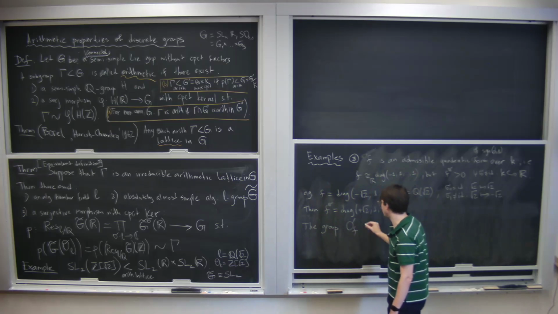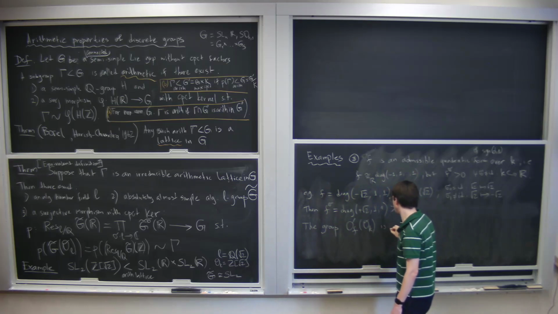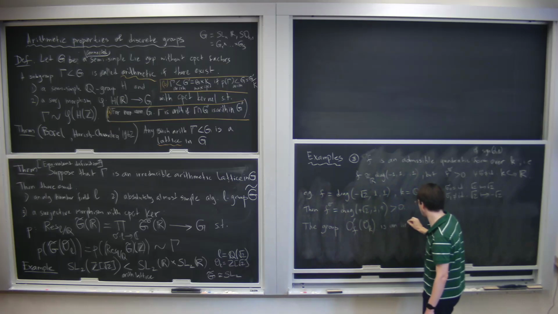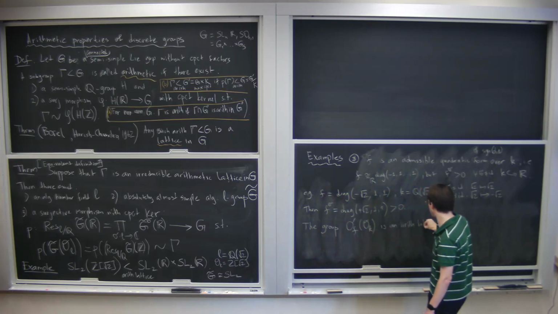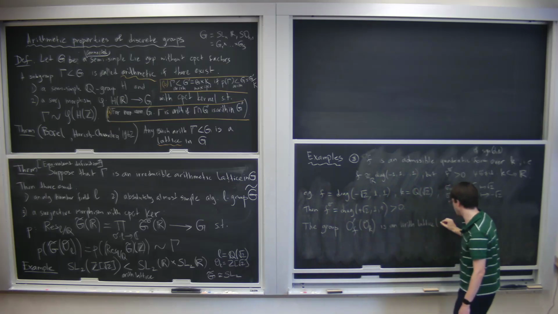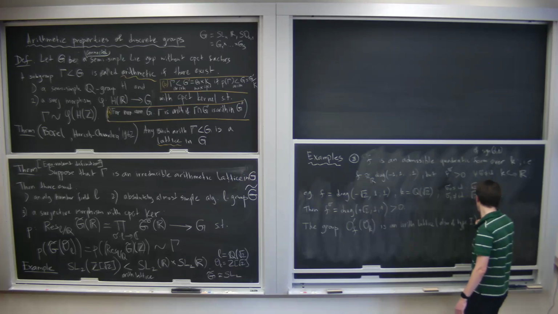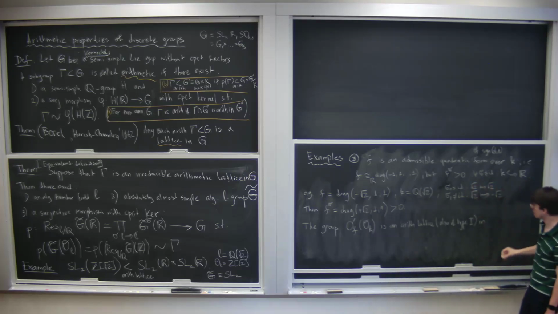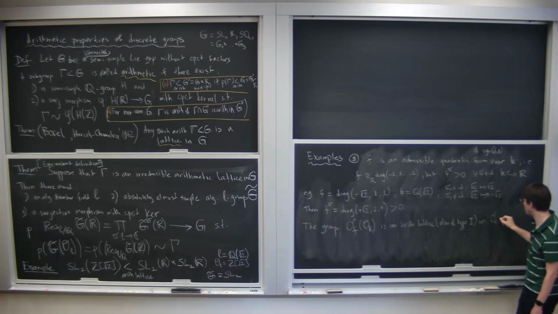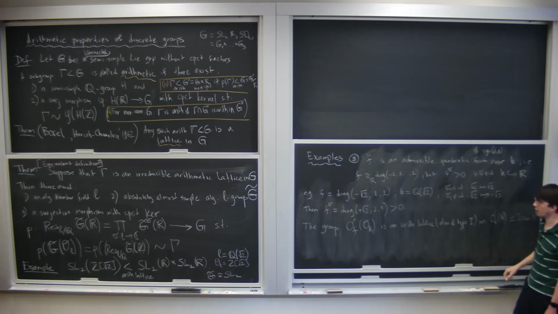So O prime of F of O_K is an arithmetic lattice also of type 1, where in O prime F of R, which can be identified with isom H^d.